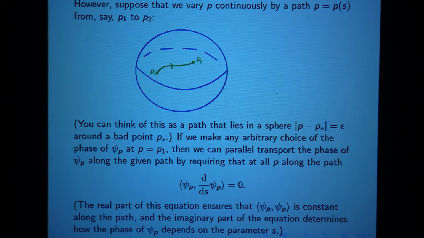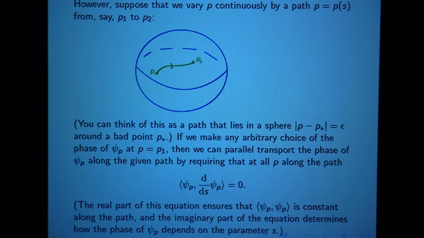So the part of d psi ds that's orthogonal to psi is uniquely determined by asking that psi is an eigenstate of the Hamiltonian for all S. That condition wouldn't determine the part of d psi ds that's not orthogonal to psi. And we fix that part by saying that we want d psi ds to be orthogonal to psi.